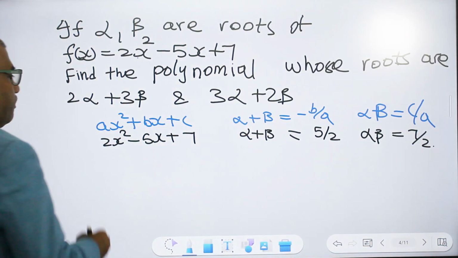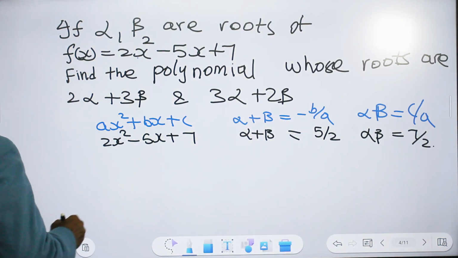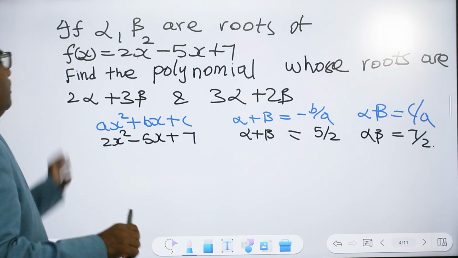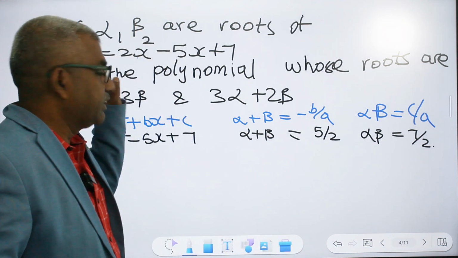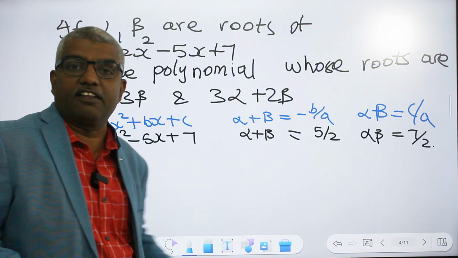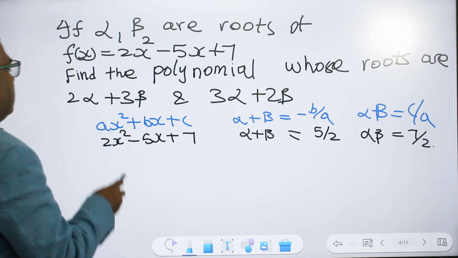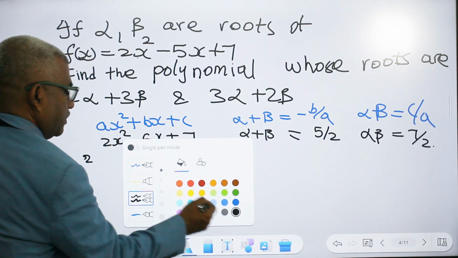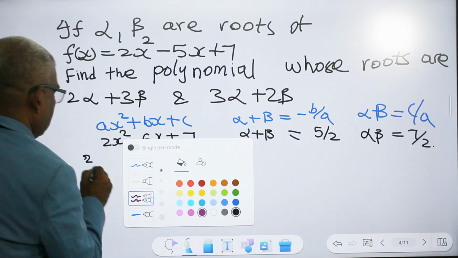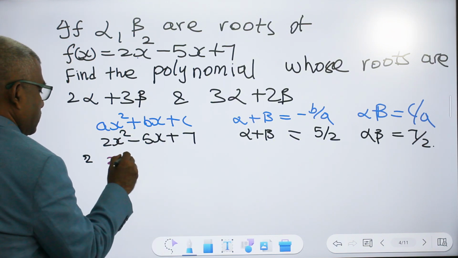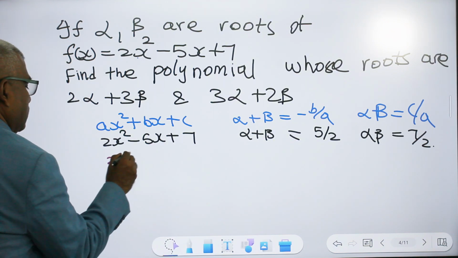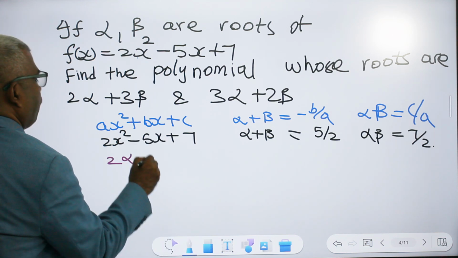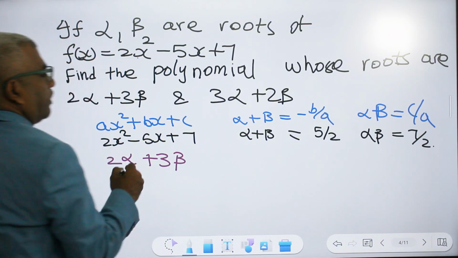Okay. Now we found alpha plus beta and alpha beta. Now, what are the new roots? 2 alpha plus 3 beta is one root, and 3 alpha plus 2 beta is another root. What is the sum of the roots? 2 alpha plus 3 beta is one root.